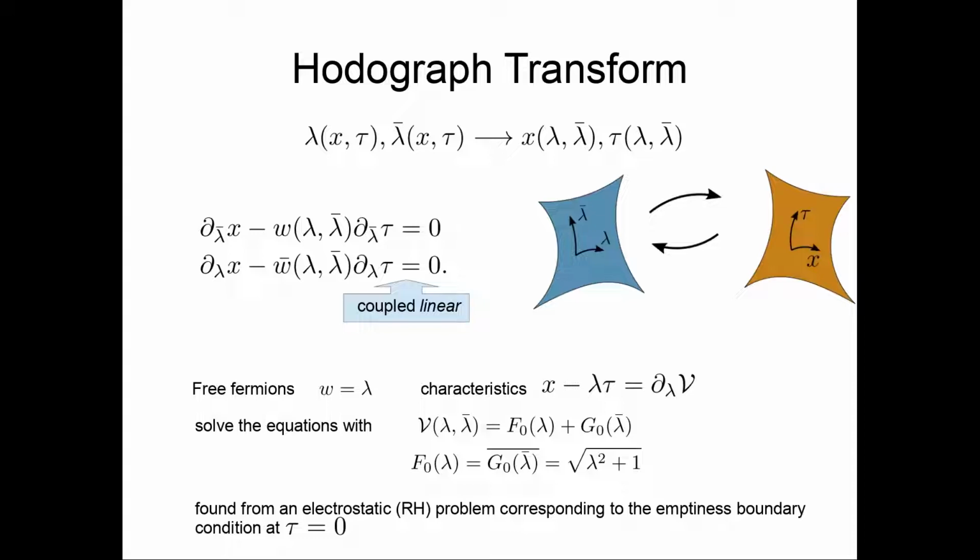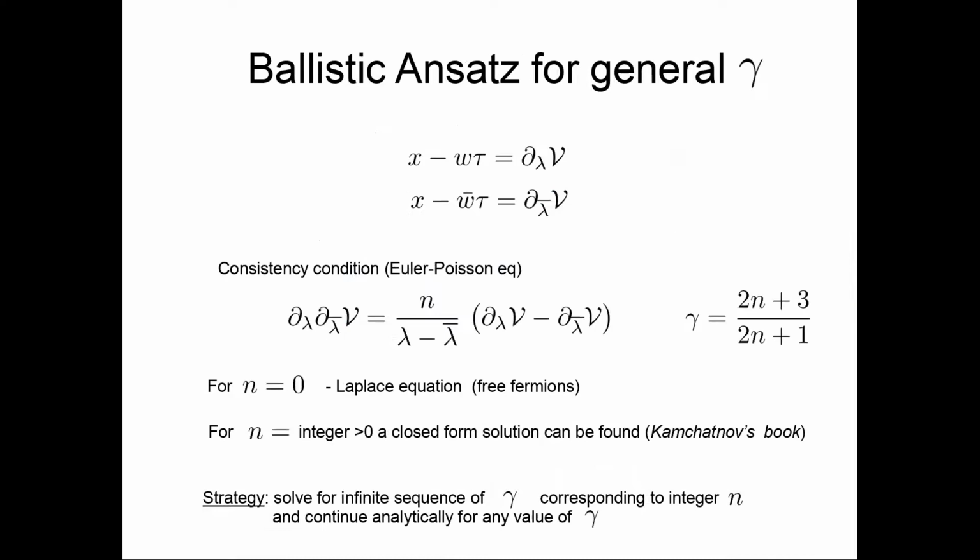For a general value of gamma, as I said, these equations are coupled anyway, but the way to deal with it can be found in the book of Anatoly Kamchatny. Namely, one can still try the ballistic propagation, substitute it back into the equation, and find the condition on the potential nu, which can now be written in this form. So the second derivative is not 0, but is related to the first derivatives, proportional to some number n.